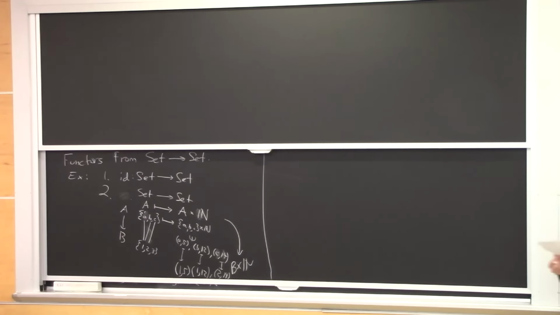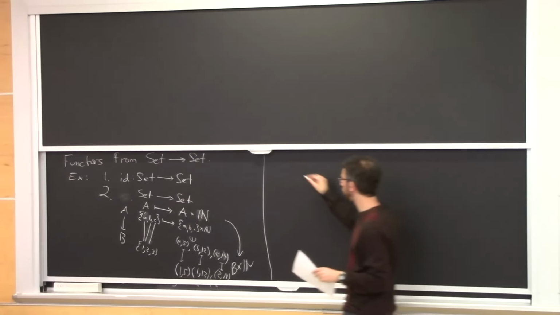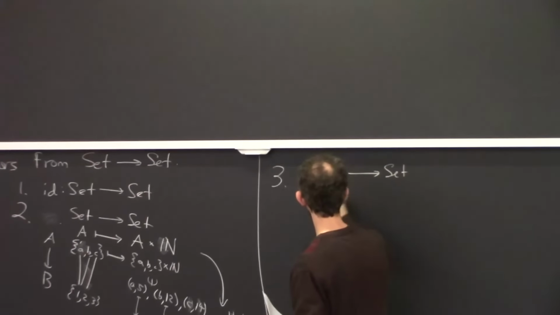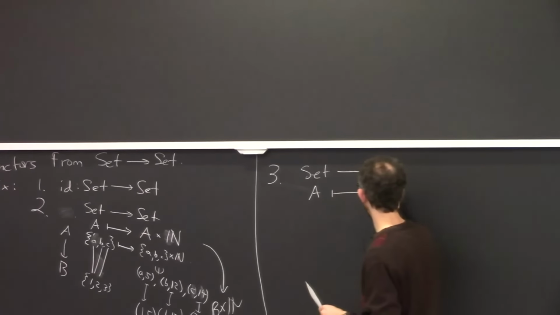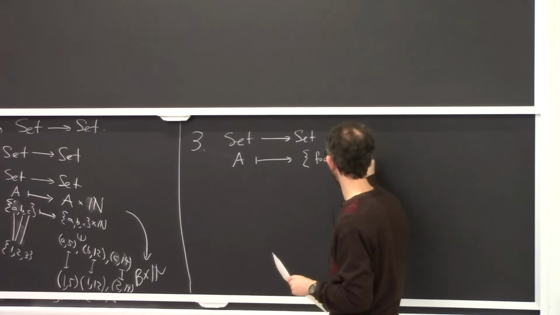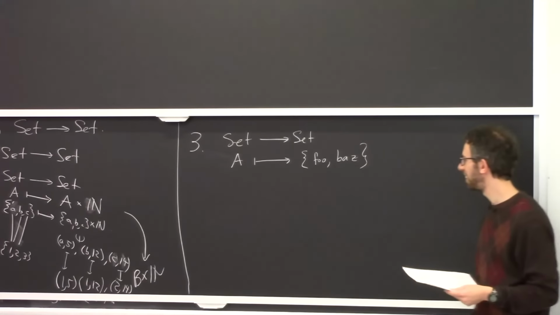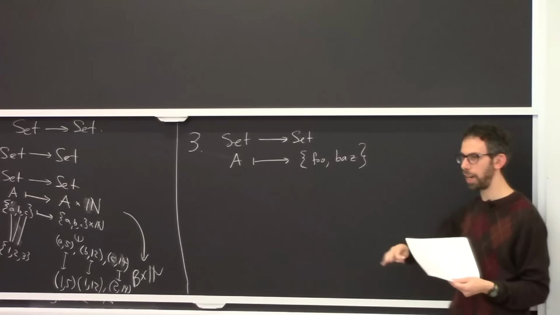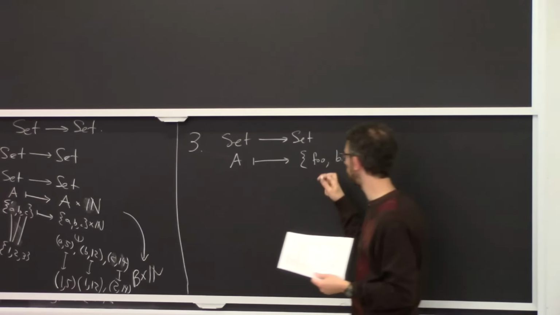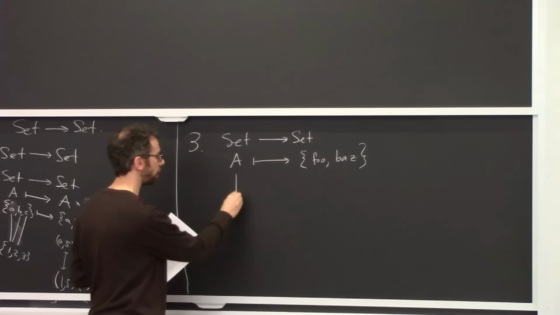OK, so that is a functor. Another functor from set to set takes any set A and returns the set {foo, baz}. This throws away A entirely, and just returns this set. So what does it do to a function from A to B?